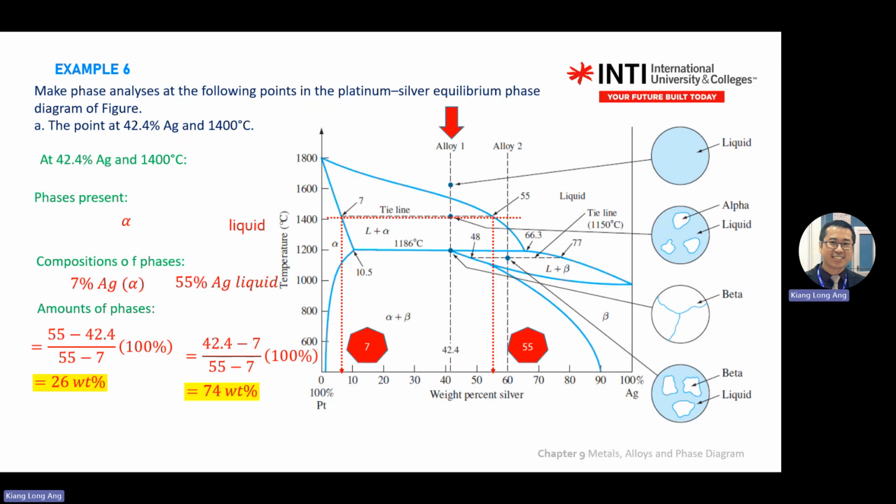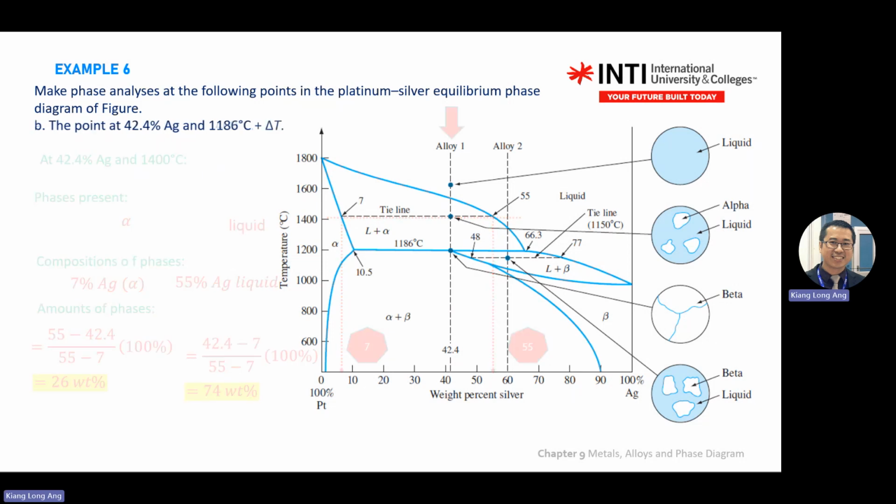All right. Now, if you understand what is A, then you should be able to do B. So B, at a point of 42.4% Ag at 1186 plus delta T. So this is what? This is eutectic line, right? Plus means just above the 1186 degree.